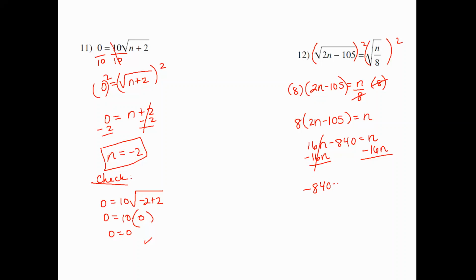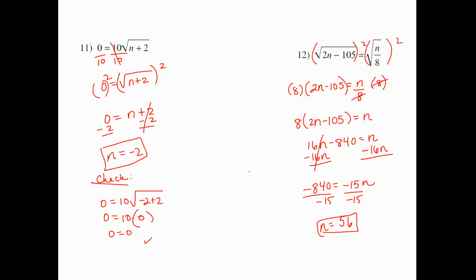Minus 840 equals minus 15. I gotta get rid of the negative 15. Let's see, 840, 15, 56, positive.